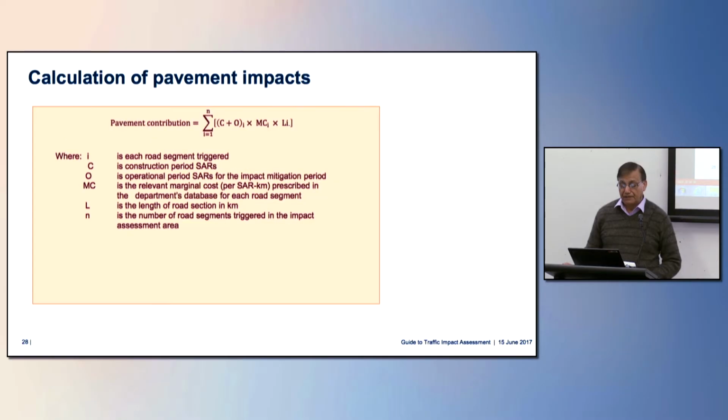Now the length is the length of the road segment, which is taken into consideration for calculation of the pavement contribution, and N is the number of road segments. So a section which is impacted will have a number of road segments. So the calculation is done for each road segment because it will have a different pavement material and can also have a different traffic, not necessarily the closed ones, but definitely when you take into consideration a certain kilometer of roads, it will have various types of traffic and pavement material.